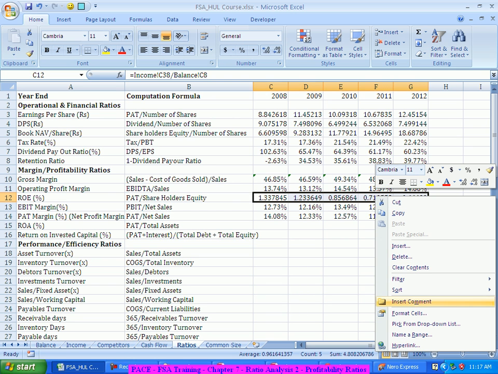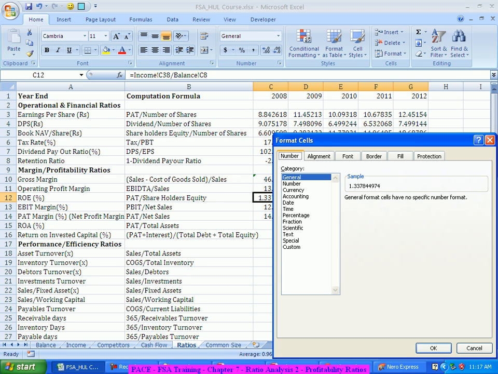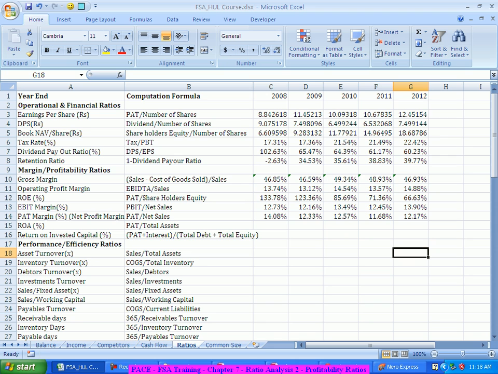66%. This is the reason why the investor is still investing in the shares. For every 1 rupee that has been invested into the company, 66 paisa is the profit the company is generating.